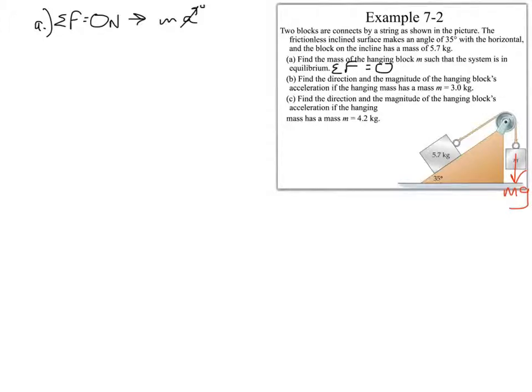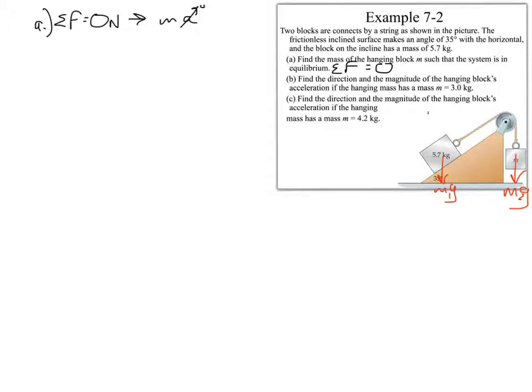If we follow the system up and over and bend it around corners like strings enable us to do, the other force pulling on this is what? Well, it's this 5.7 kilogram mass, but what part of its force is pulling against the string in that direction? It certainly does have a weight force straight down, and we'll call this mass 2 times gravity and mass 1 times gravity.